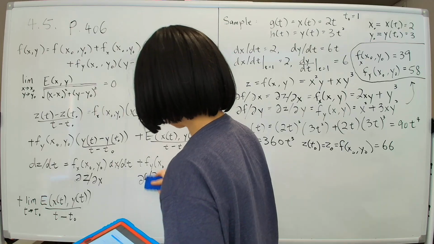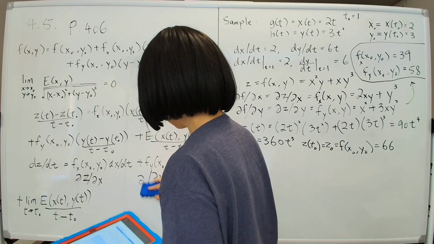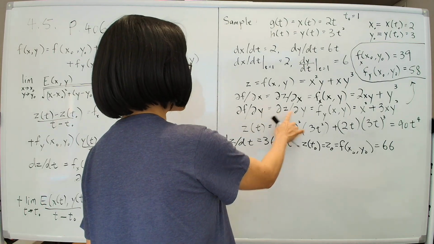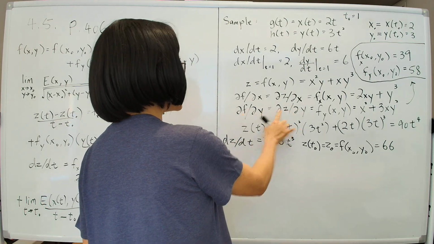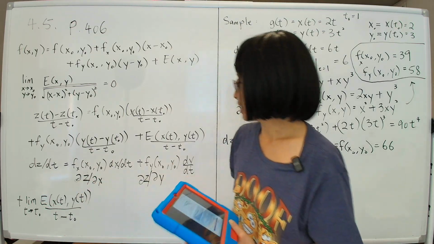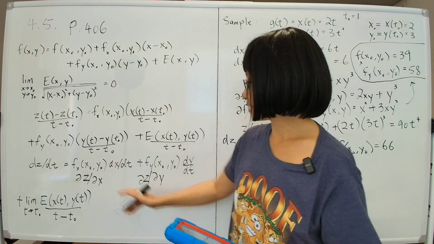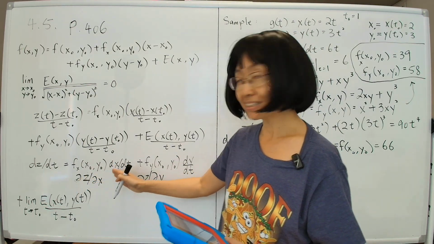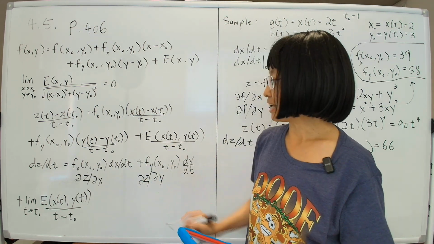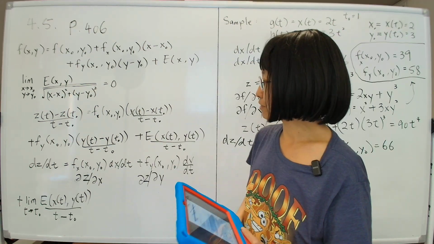And similarly, this one is partial z, partial y, because partial z is the same as partial f, as we have established earlier. See, partial f, partial y is the same as partial z, partial y. So we'll write it like that. And then, as you can see, it's partial z, partial x, dx by dt, plus partial z, partial y, dy by dt, and that's our formula that we are trying to prove.